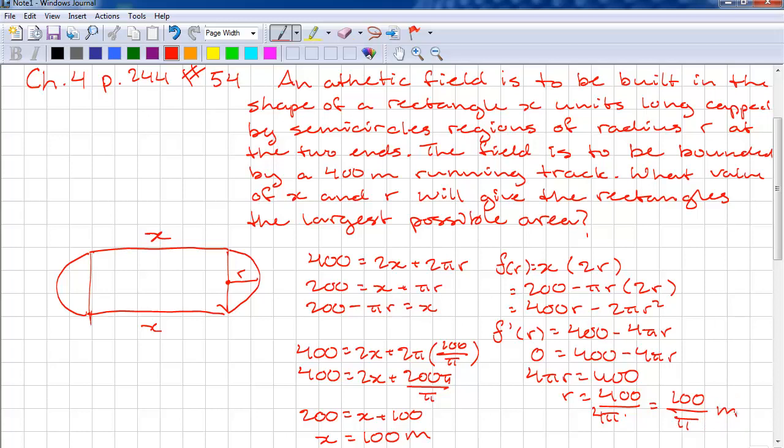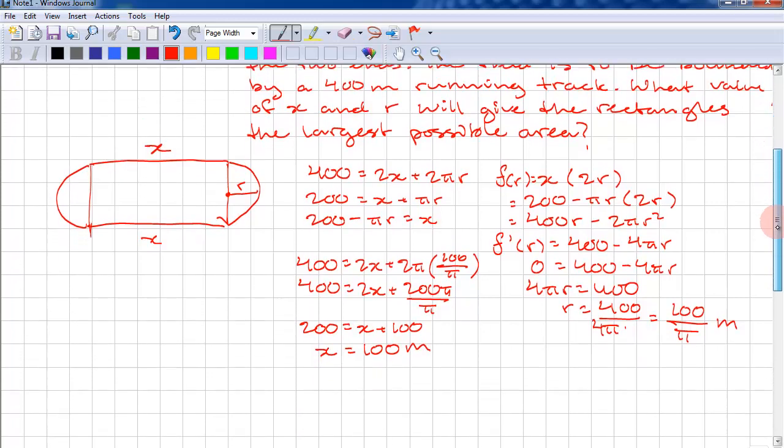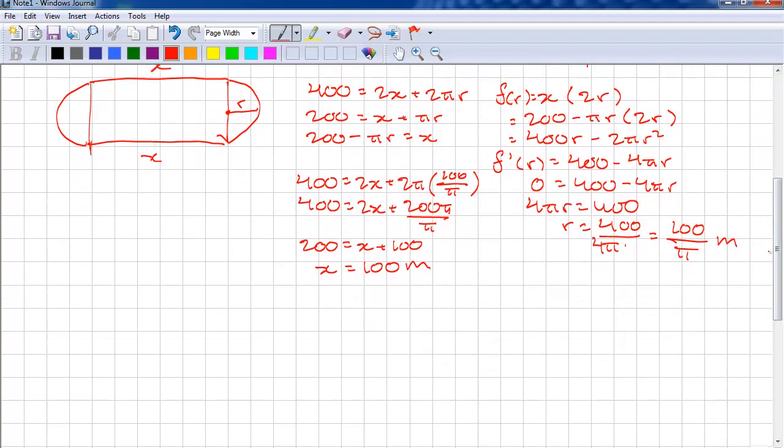And to check if it's a maximum or minimum, we can find the second derivative of this function to see if it's concave up or down.